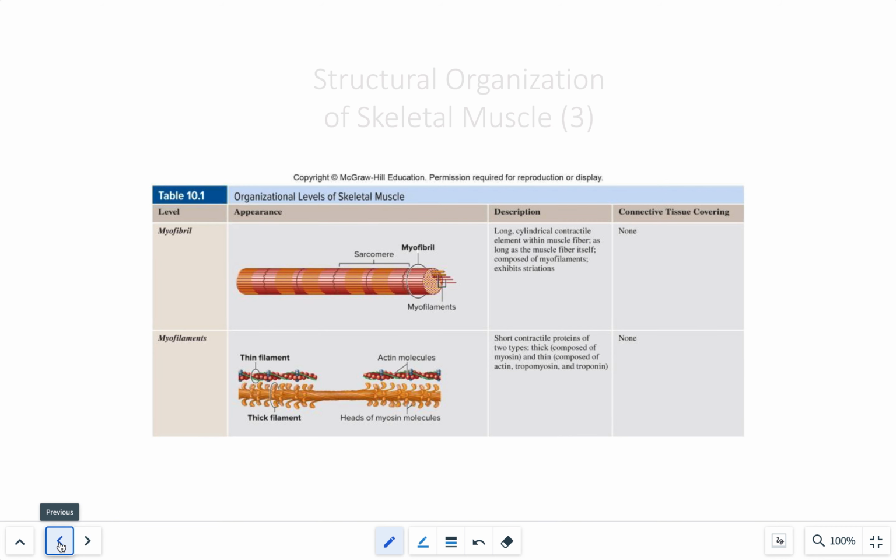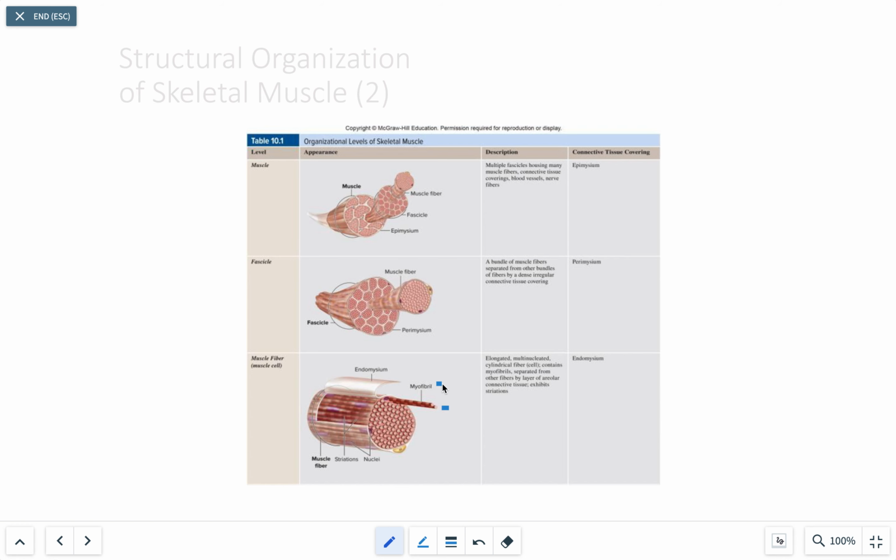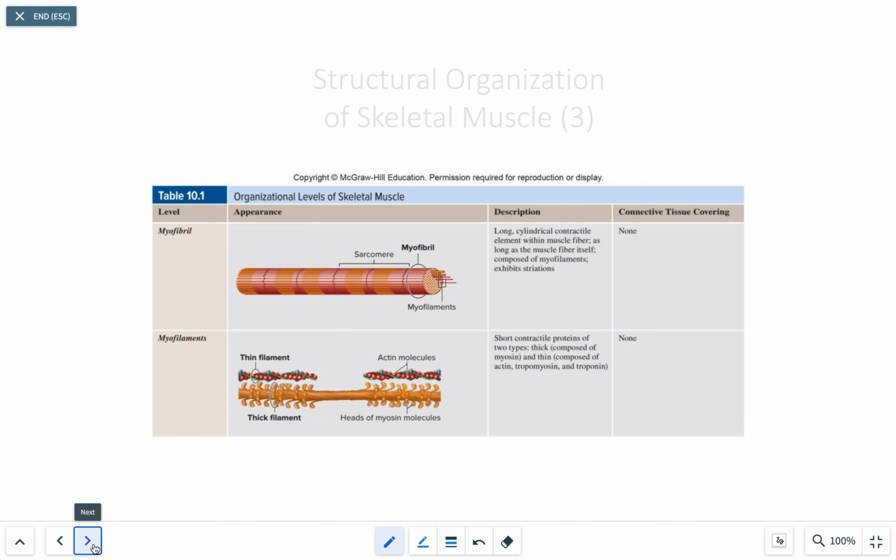So just going back, when we pull out from the endomysium an individual myofibril, the first thing that we see is the most functional unit of the contractile component of skeletal muscle, called a sarcomere. A sarcomere is going to run from Z-line to Z-line, and it is going to contain within those organelles called myofilaments.